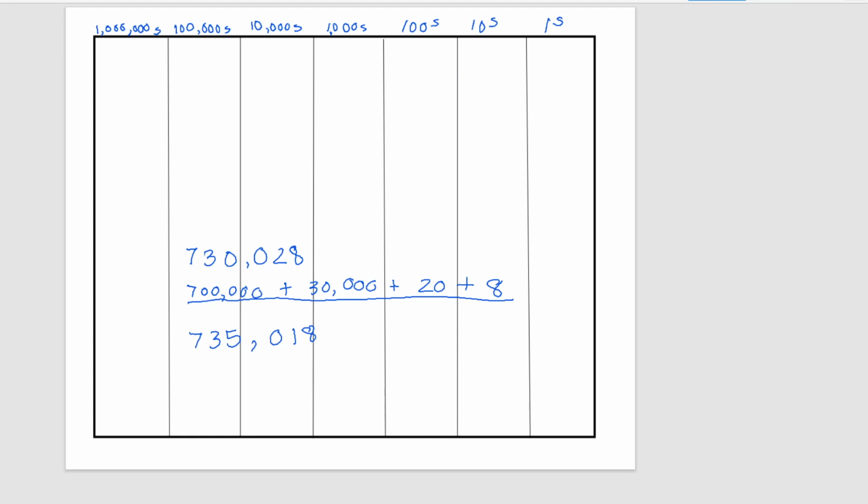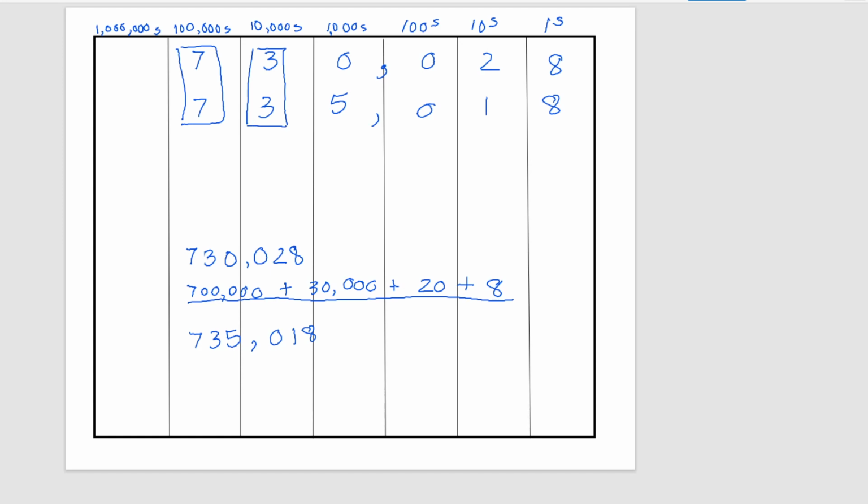So we have 700,000, 30,028, and 735,018. So comparing these, both the 100,000s are the same, both the 10,000s are the same.